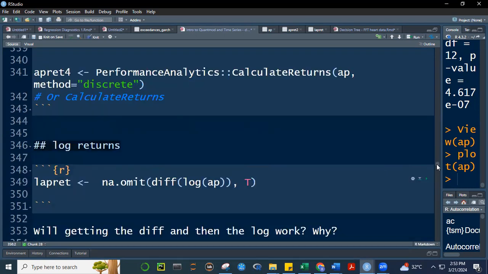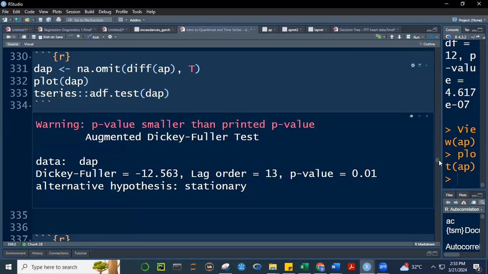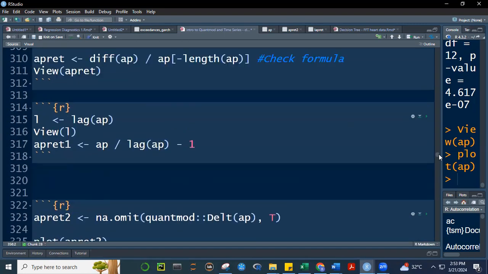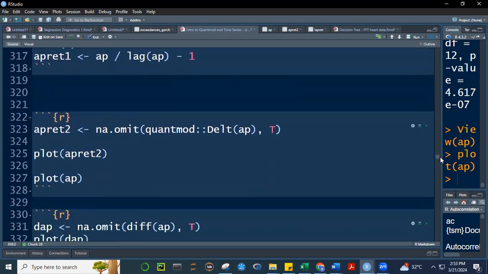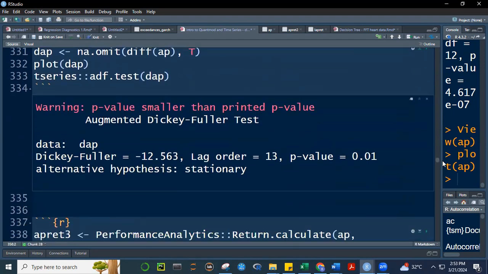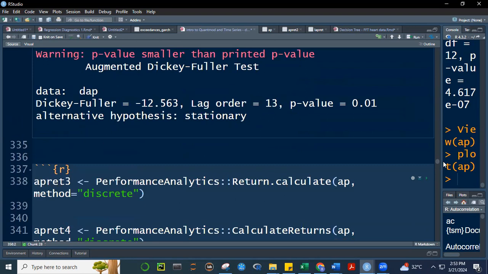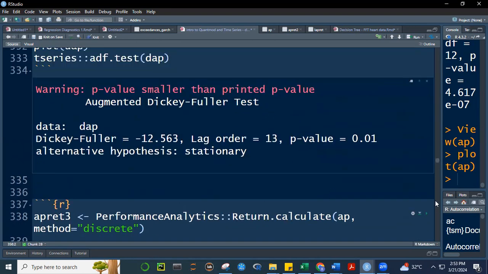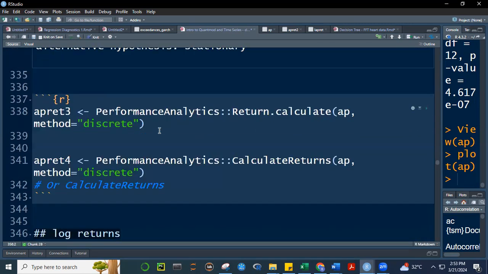Okay, if we want the discrete returns, we said that we can make use of method equal to discrete. So here, let me just use AppleRet, and same thing, Return.calculate, and then discrete.